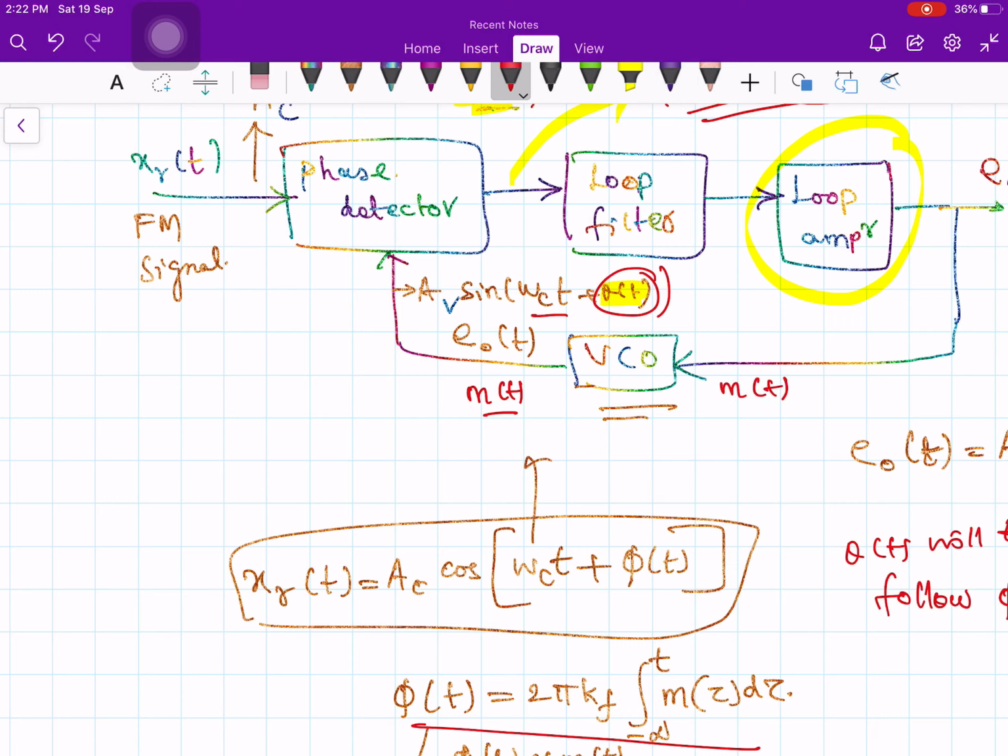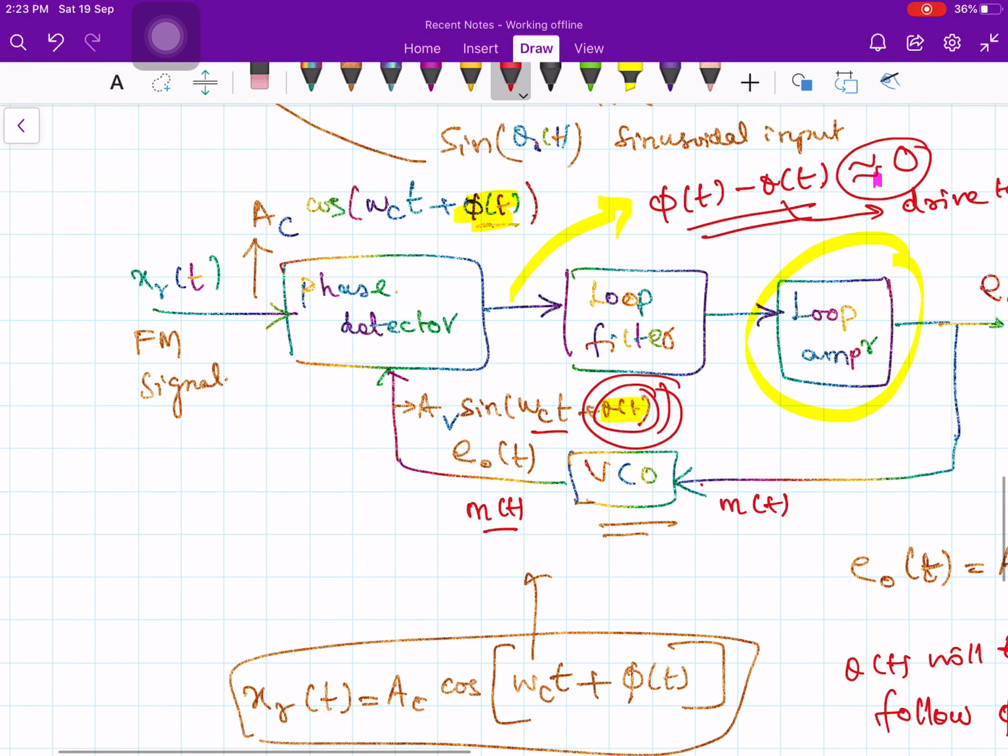After all, the instantaneous frequency of the voltage controlled oscillator will depend on the input voltage. Now my theta follows the m of t. That means this theta of t is controlled by the input signal. So my theta of t is proportional to m of t. That means the input is m of t.